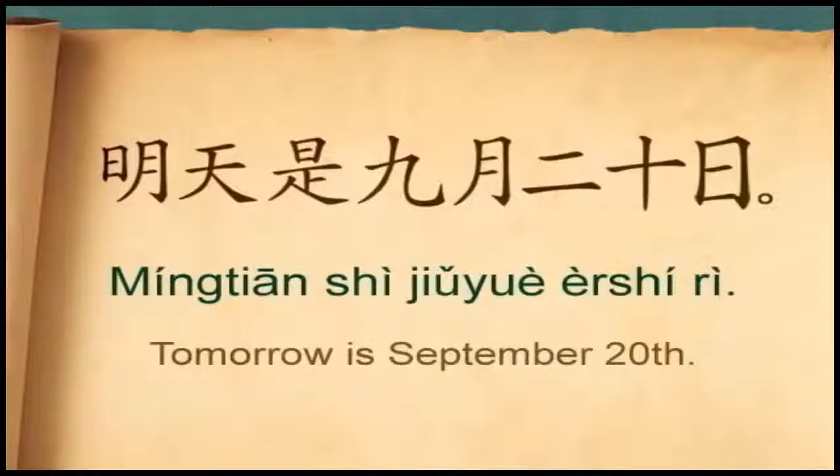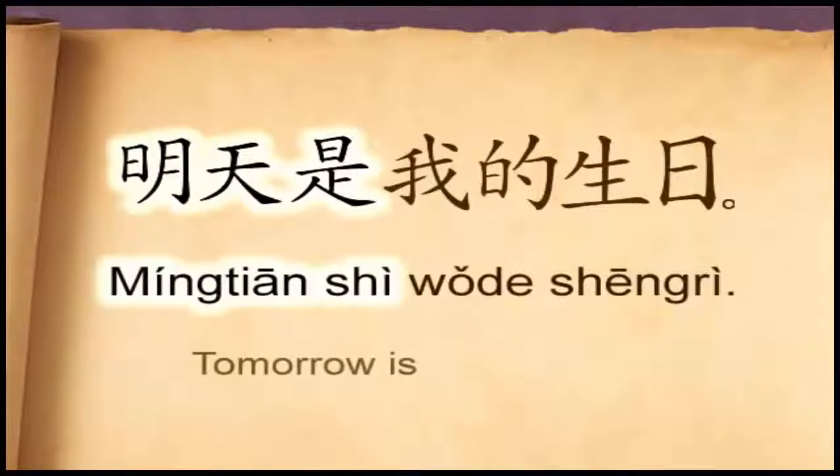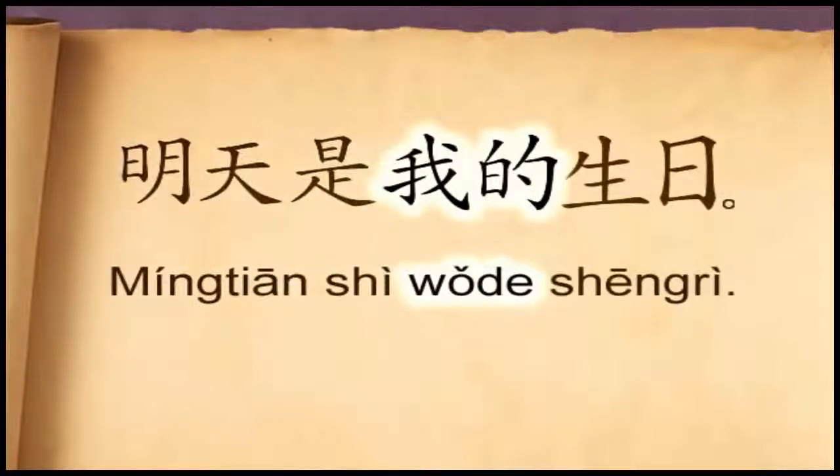明天是9月20日. Our second sentence was, 明天是我的生日. What does it mean? You know, 明天是 tomorrow is. What is 我的?